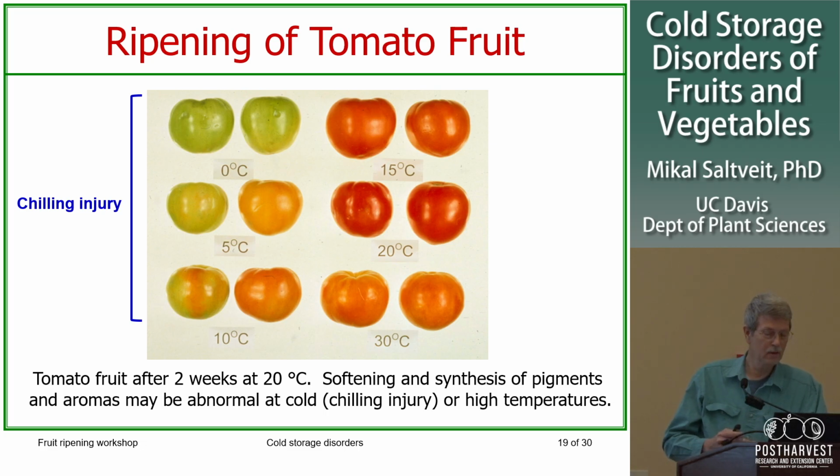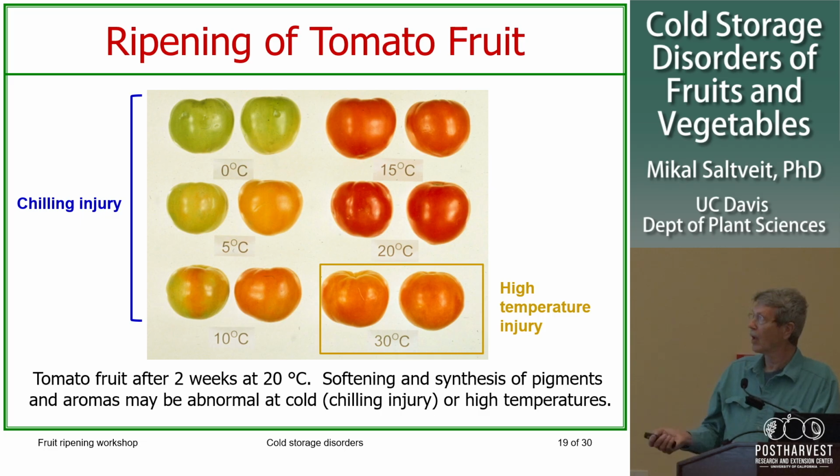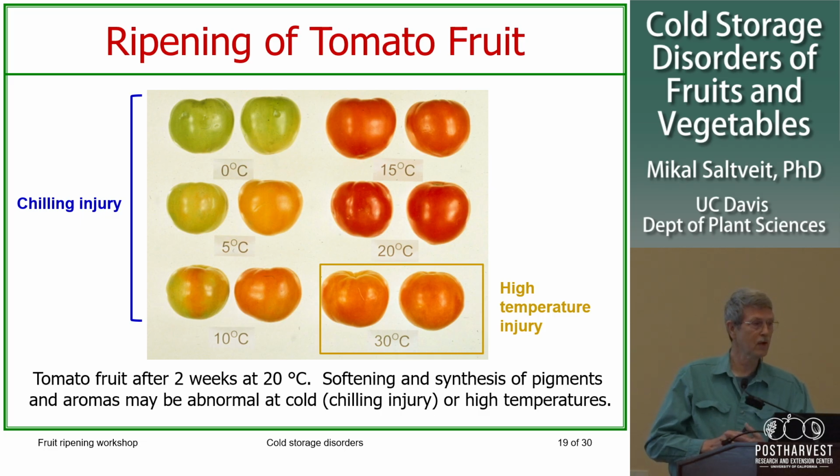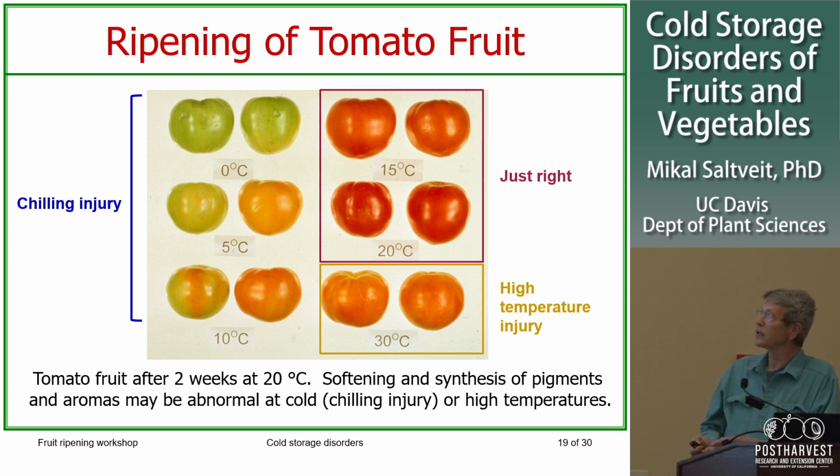If you hold them at too high a temperature, you also develop abnormal color. The lycopene isn't synthesized very well. It's mainly the carotenoids. But if you hold them at just the right temperature, it's like Goldilocks, right? Just the right temperature, you get nice quality tomatoes. Chilling injury, high temperature injury, but just right.